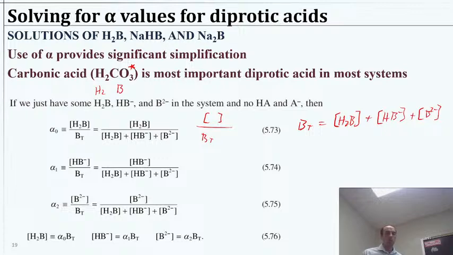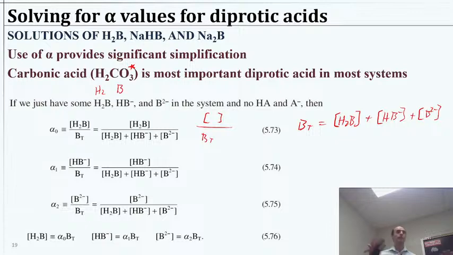We can also write these like this, right? So B total times the alpha zero fraction is H2B. So we have all these definitions. These are coming from the mass balance. This is a starting point, and the challenge is, okay, how do we simplify?